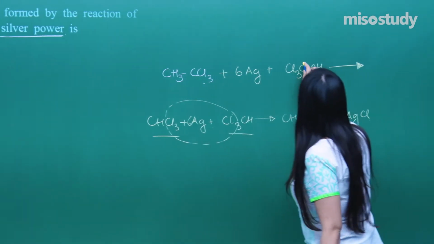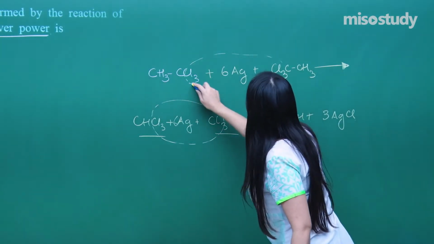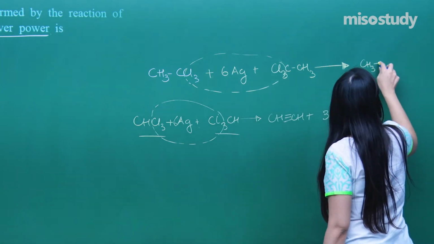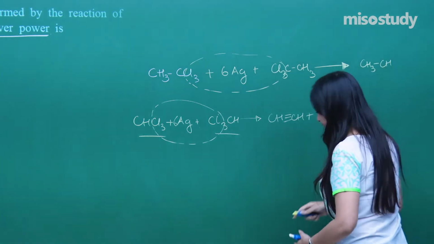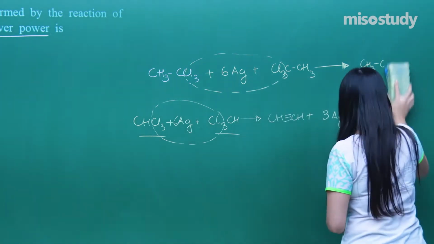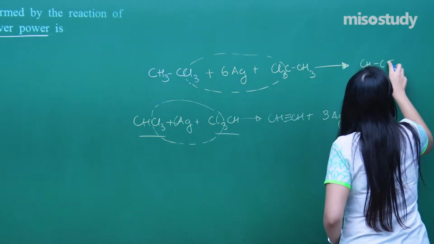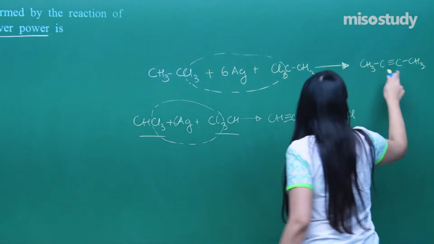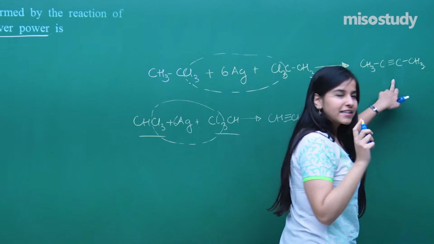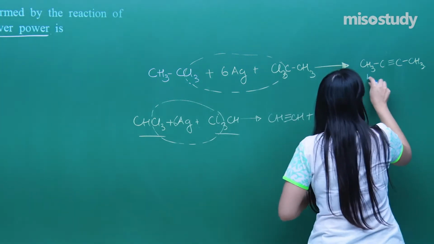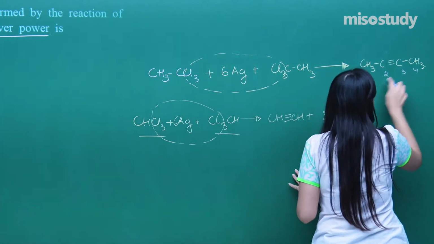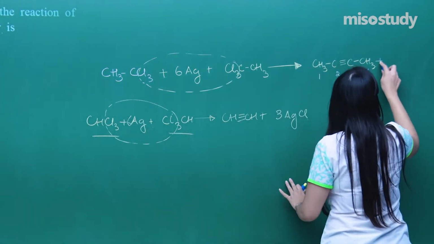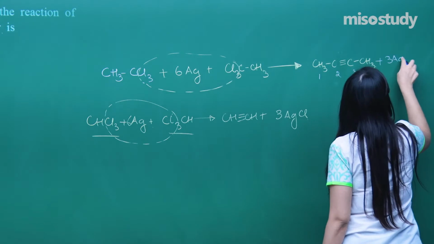What do we get? We get a triple bond, again an alkyne, but this time what kind of an alkyne? It's but-2-yne, that is what we are getting here. 1, 2, 3, 4. That means but-2-yne. That is what we are getting, plus 3 AgCl.